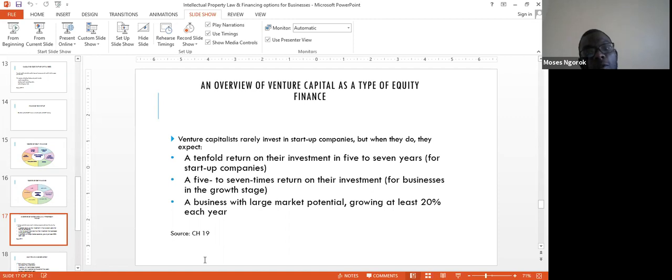So usually what these companies are looking at in terms of criteria to invest in a business, I'm sure Roy and his team will be able to share with time. It'll be possible for them to go through the details of this, but I'll give you an overview from a legal perspective.